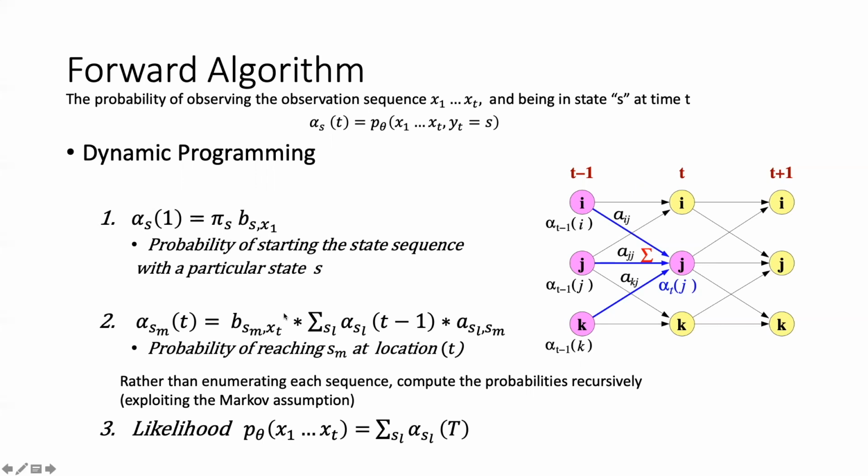Similarly for alpha s of t, from the initial state to the successive states, we can make use of a recursive approach using the previous alphas and compute it efficiently rather than enumerating each sequence. We compute the probabilities recursively using the Markovian assumption. That's the idea here.